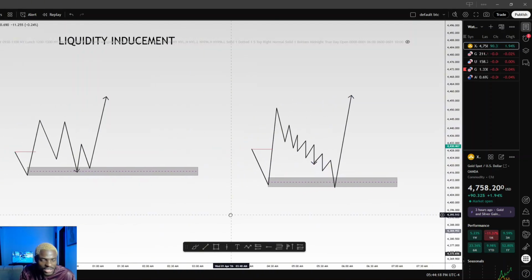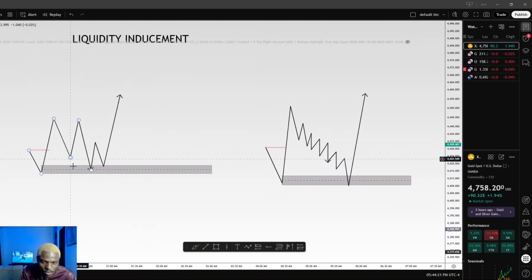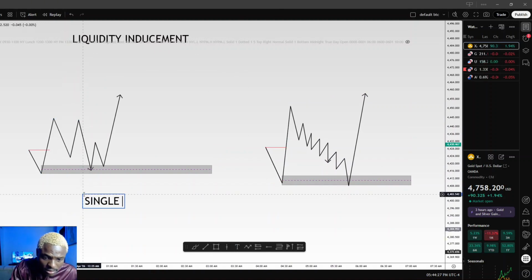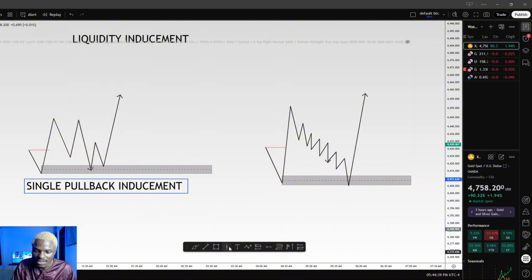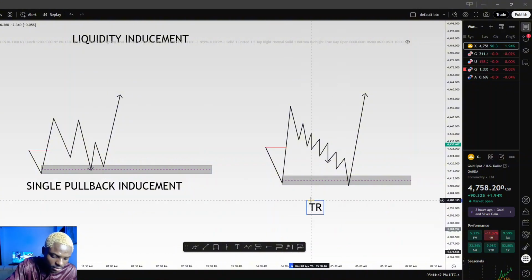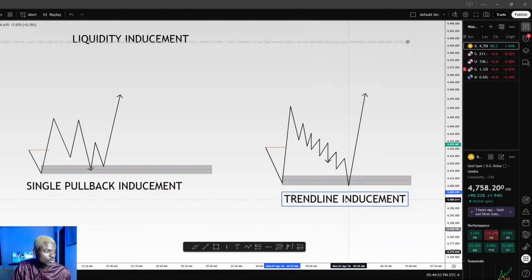So these are the two types of inducement that I personally use: the single pullback inducement and the trend line inducement.